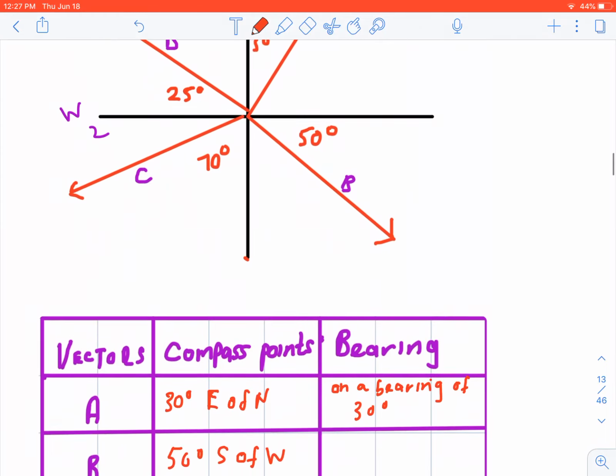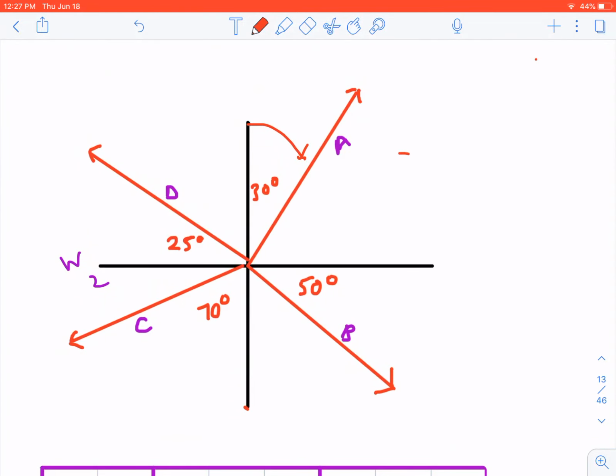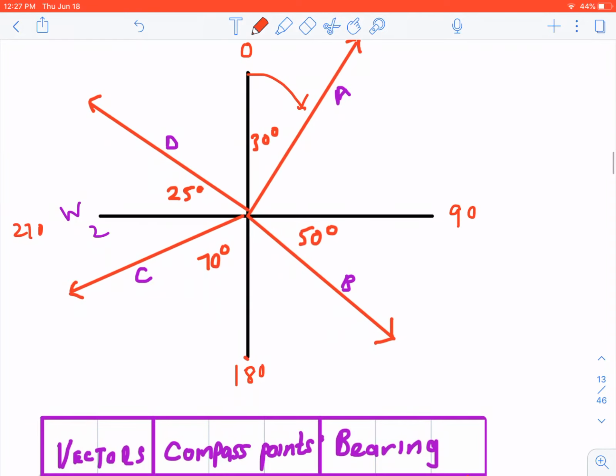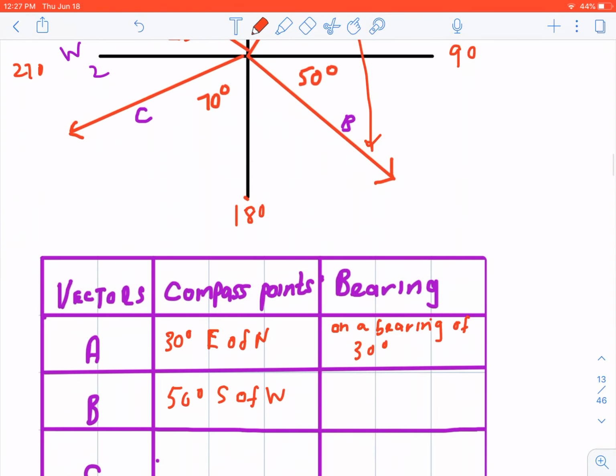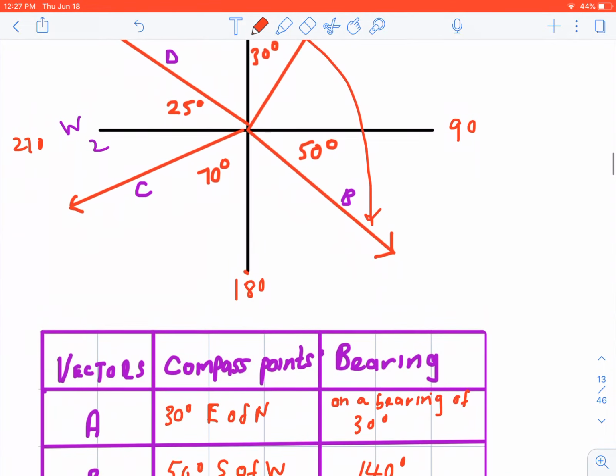In terms of bearing, remember we start with north there, and that's 90, and that's 180, and that's 270 there. So in this case it would be from there to there, which means it would be on a bearing of 140 degrees.